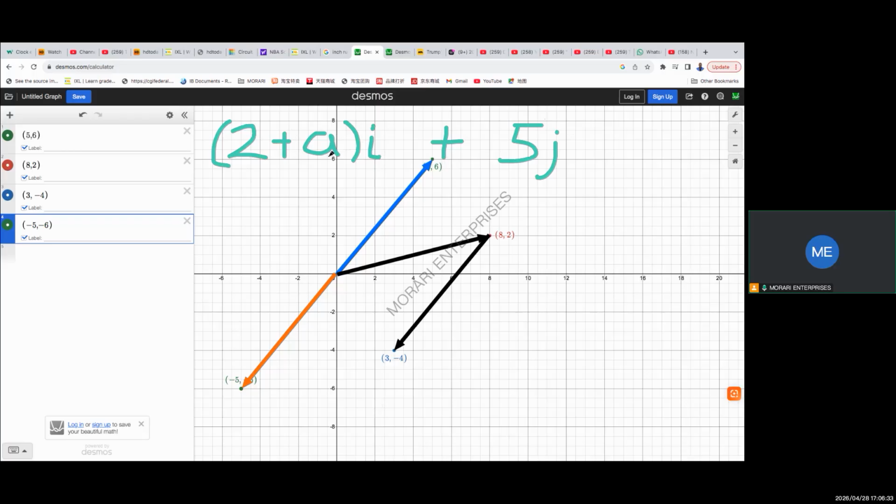What is the negative of this vector? The negative is negative 2, negative A, all in bracket, i. Here, if you want to say plus, it has to become negative 5j. Or you just put minus 5j, because plus minus is the same as minus. So that's the negative of this function.